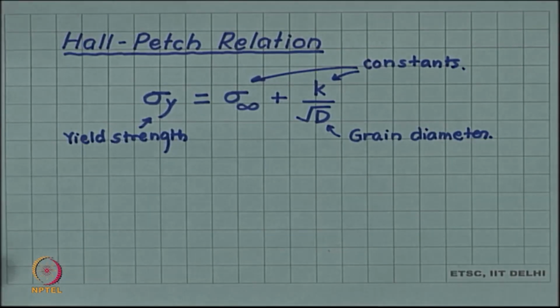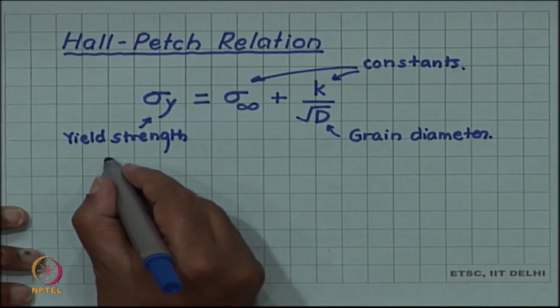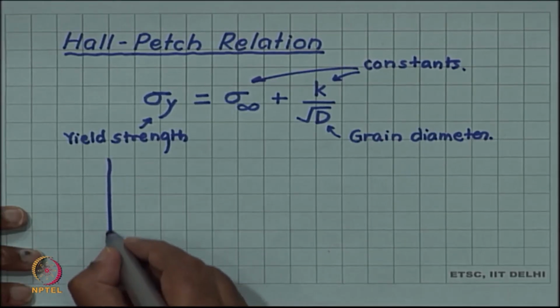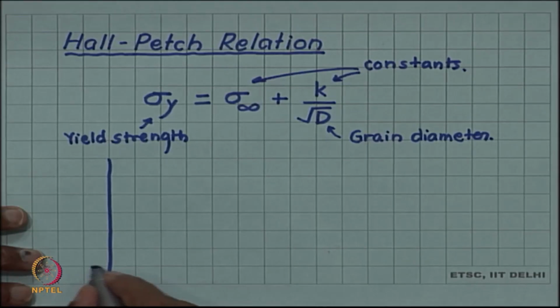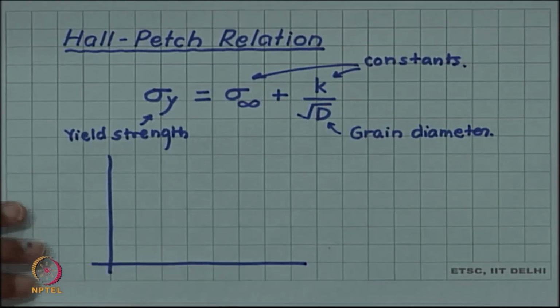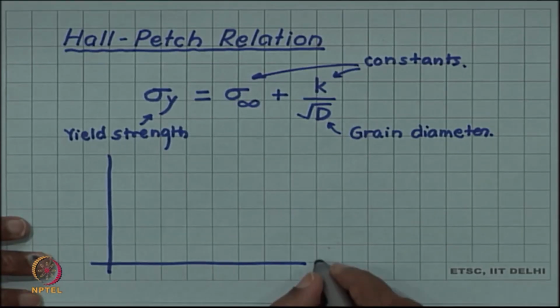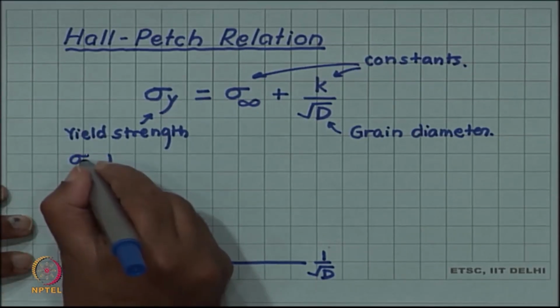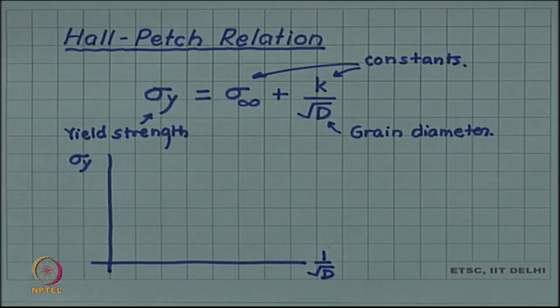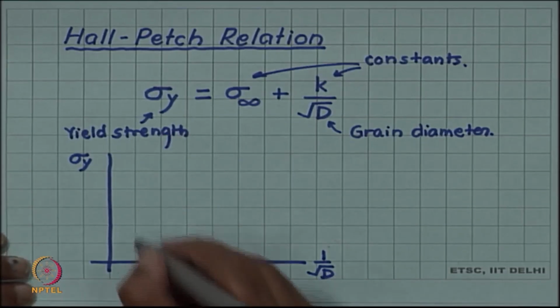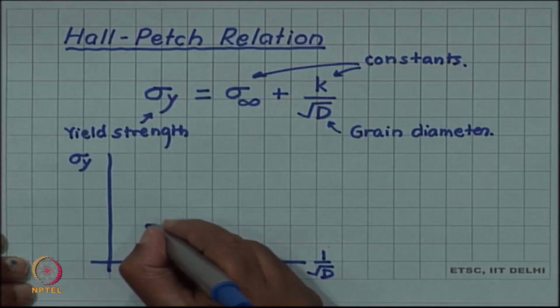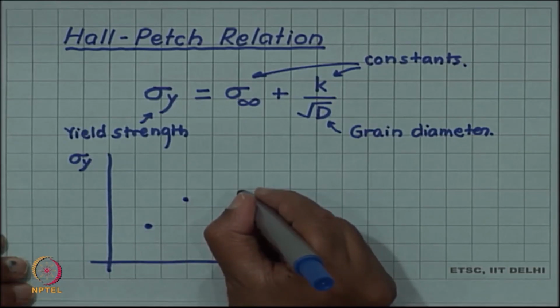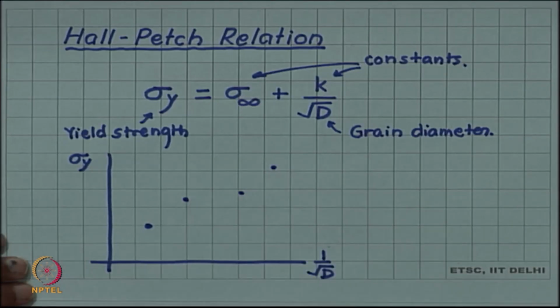The way these constants can be found, or the way this relationship can be established, is to prepare specimens. This is what Hall and Petch did. Prepare specimens of different grain size and plot 1 by square root of d as the x axis and sigma y as the y axis. If you make a plot of this for different grain sizes, and if this relationship is true, you should expect a straight line.